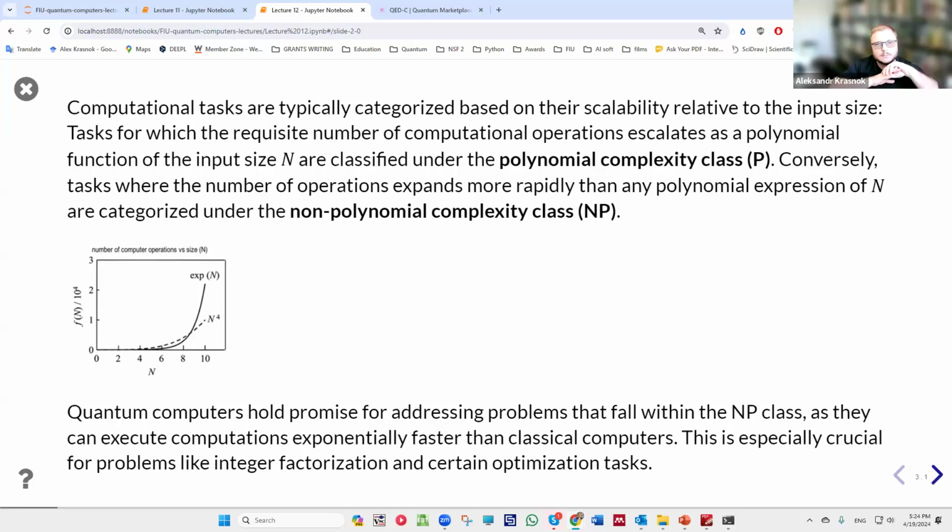Even though the number of transistors per inch cannot grow forever, we can grow the number of CPUs. It is not really a problem. What is a problem is that classical computers cannot solve a particular class of mathematical problems, and this class of problems is pretty large, as we know.